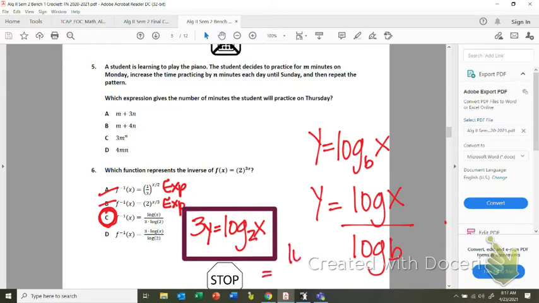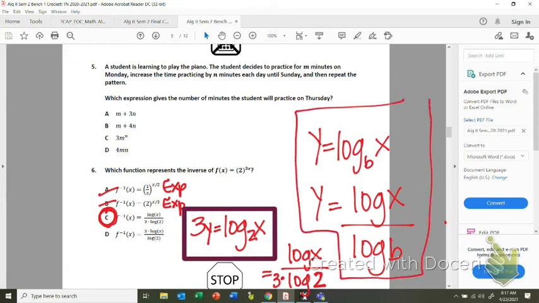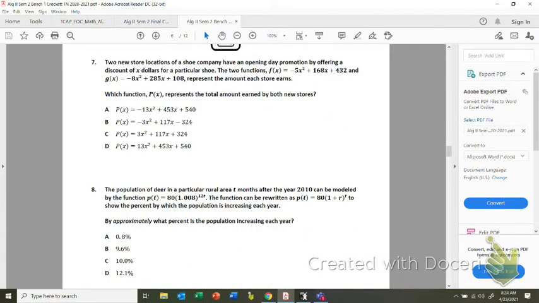Log x divided by log, what's our b value? 2. When you divide by 3, it goes on the bottom. So you just attach that 3 right there. So write this part down for sure. We hadn't really learned that part yet. This is calculator part, so you can use it if you need it.